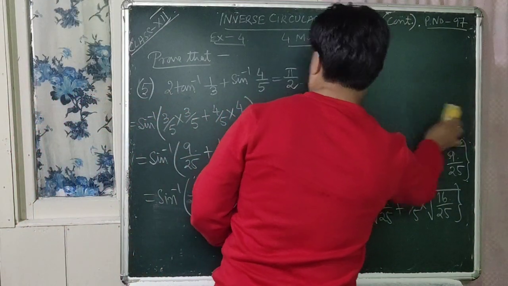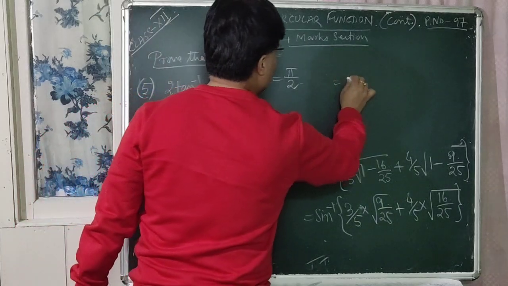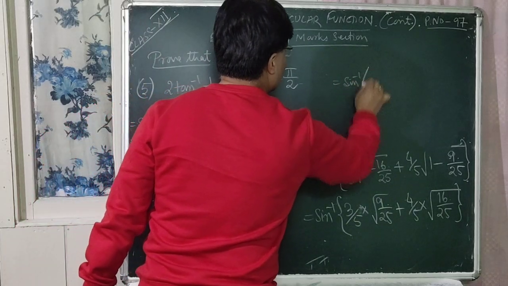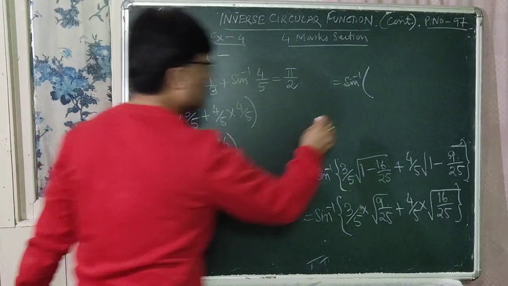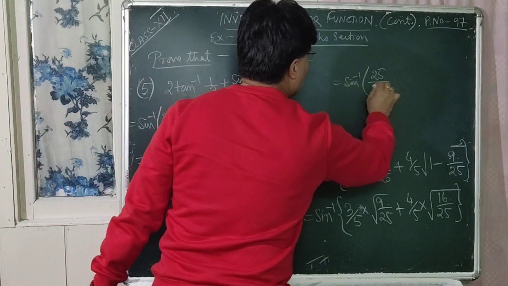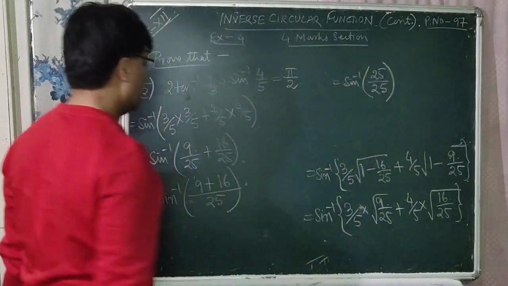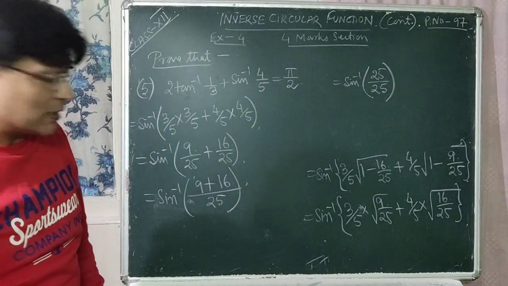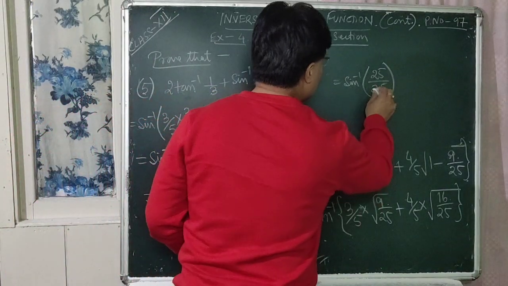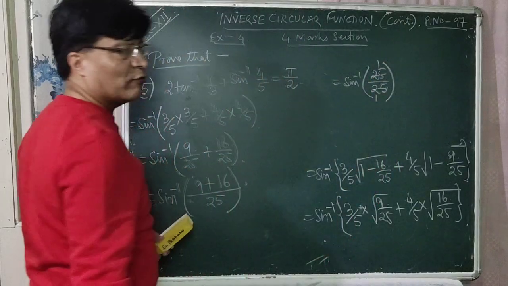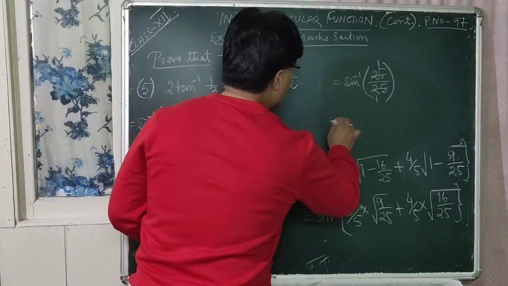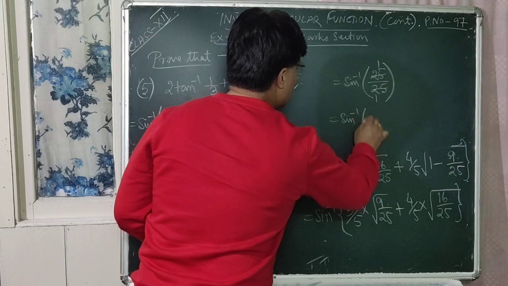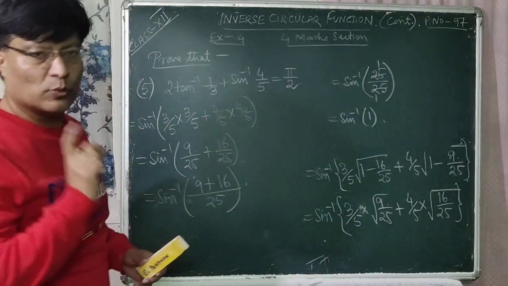So now, which is equal to sine inverse, what is 9 plus 16? It is 25 divided by 25, isn't it? 9 plus 16 is 25 divided by 25. Now you can cancel it. 25 ones are 25, 25 ones are 25. So which is equal to, this is your sine inverse 1.